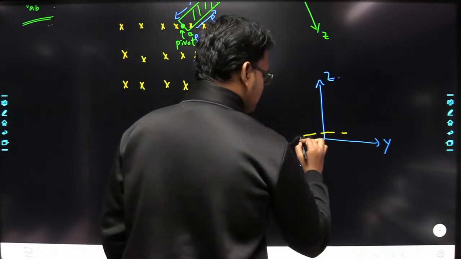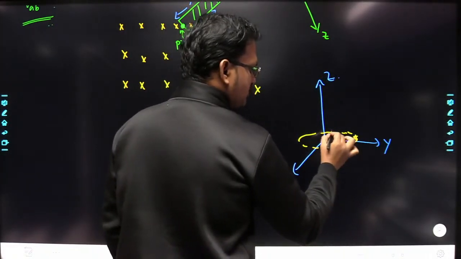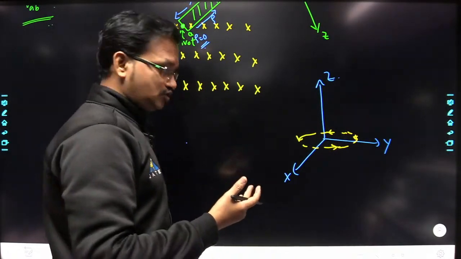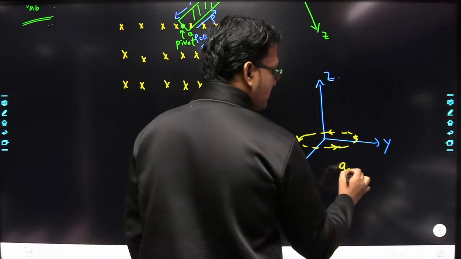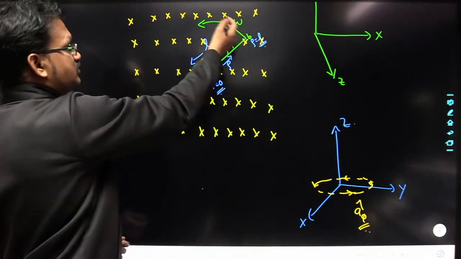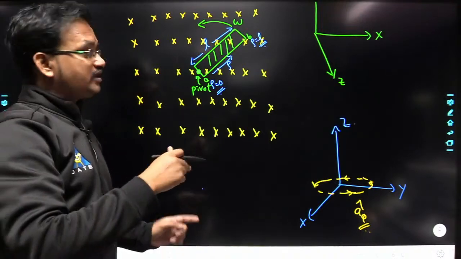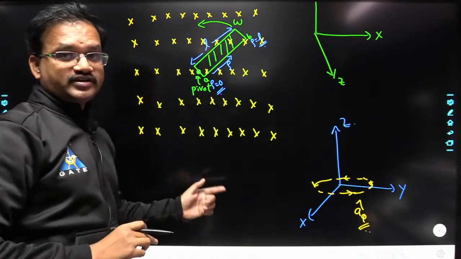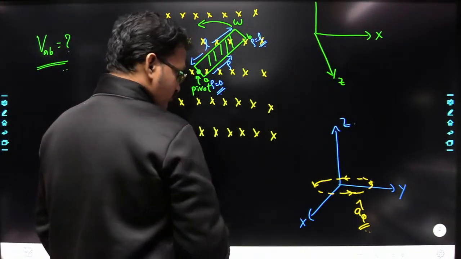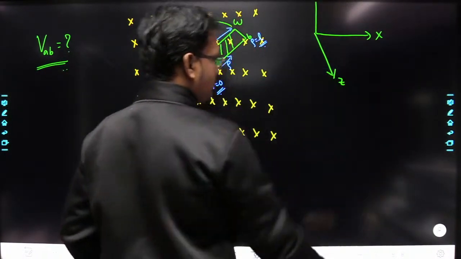The movement along this circular path is given by phi, and the unit vector along phi is a phi cap. So this is revolving along a circular path in the anti-clockwise direction, which means the direction in which it is revolving is a phi cap. If you go through the cylindrical coordinate system I explained, it will be very clear.